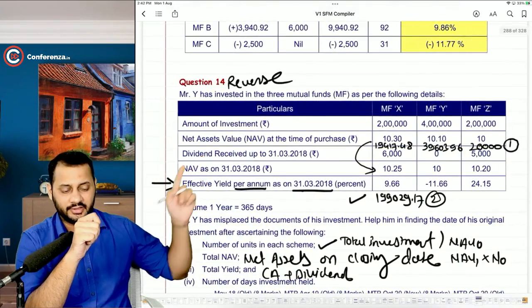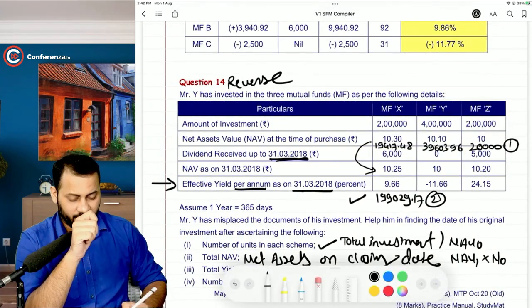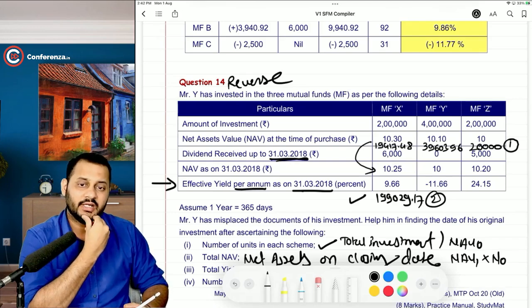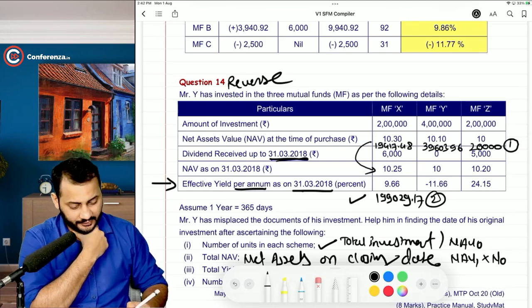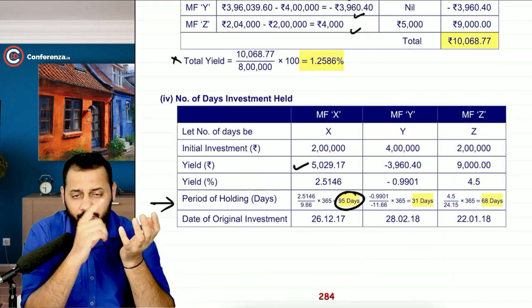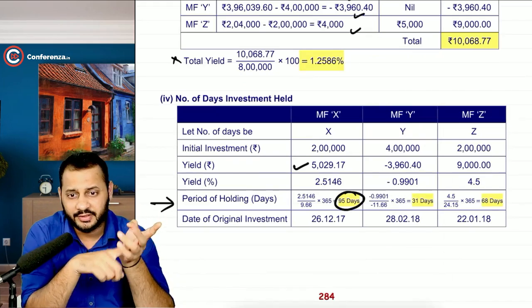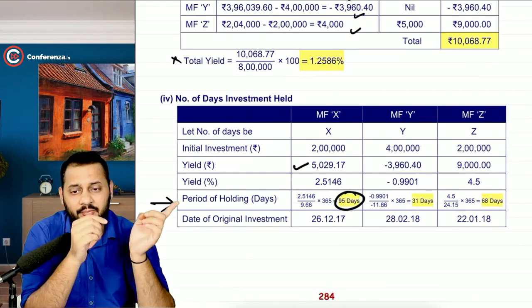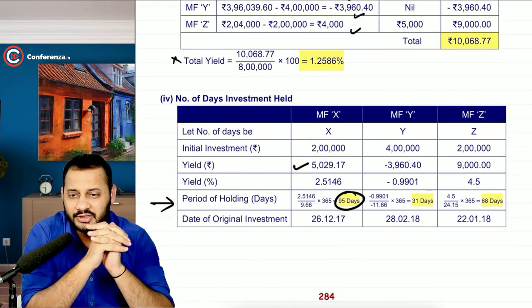So you have to go back 95 days from this date. In this way you can calculate the period of holding for mutual fund Y, also for mutual fund Z, and based on that you can calculate the date of original investment as well.